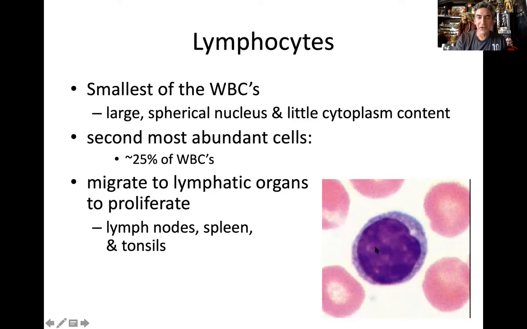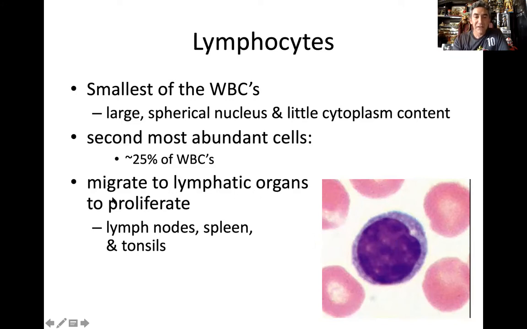If this was a human, it's basically a big brain, and that's all. Just a lot of genetic information, a big nucleus like a brain, and not much else. So these are what we're going to consider the thinkers. They don't do much else but think and contemplate and strategize, and they're going to be a very effective part of our immune system.